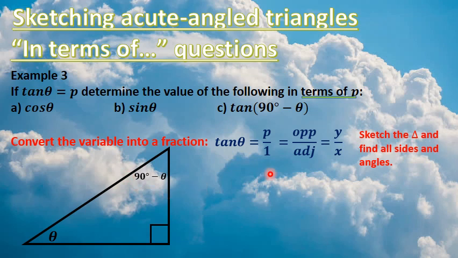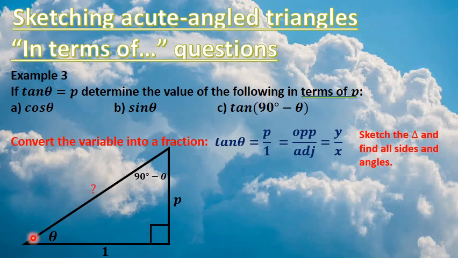Now we already have 2 sides of this triangle. We have a y value and an x value. We have the opposite to theta and the adjacent to theta values as p and 1 because we converted p into a fraction. So once again, using Pythagoras, we can find the third side of that triangle.